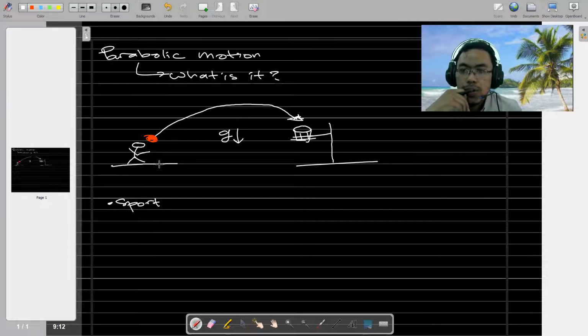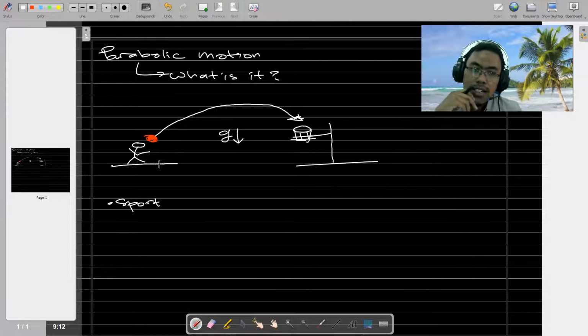Let's say you want to be a professional basketball player, and you use the concept of physics to make your throwing so precise. You use some kind of physics calculation, so your ball will hit the perfect point of the basket ring.